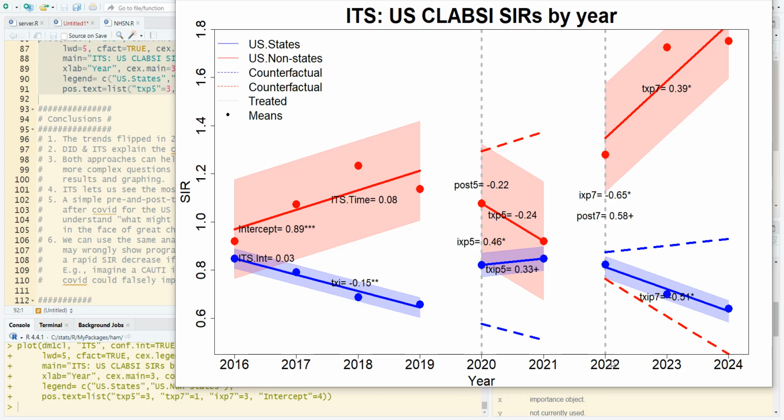So imagine we have an intervention in 2022 and we have high rates, we don't have it here, but imagine we have high rates because of COVID in the baseline period, 2020 and 2021. And then if we see a rapid decrease, say going along where this counterfactual is at, then it may suggest, oh, that's great. We had a high rate back in 2020 and 2021, and now it's dropped dramatically.